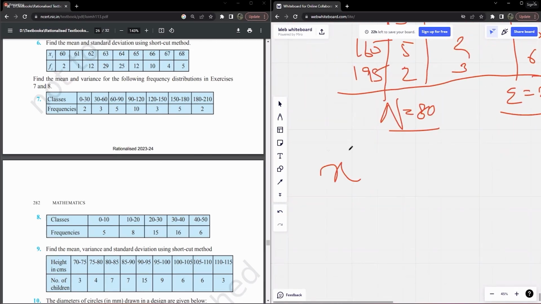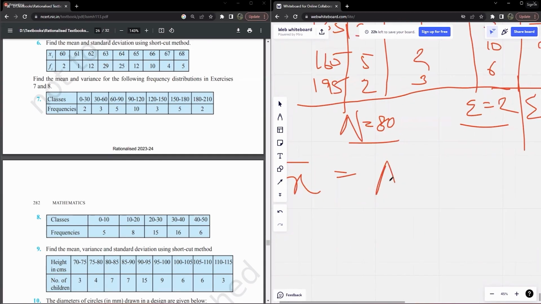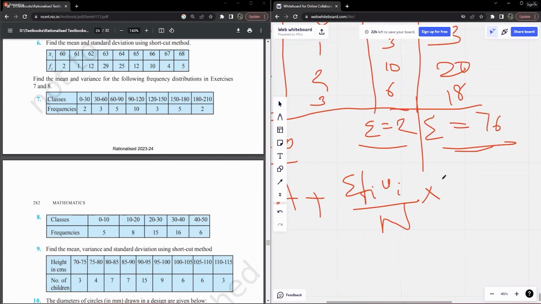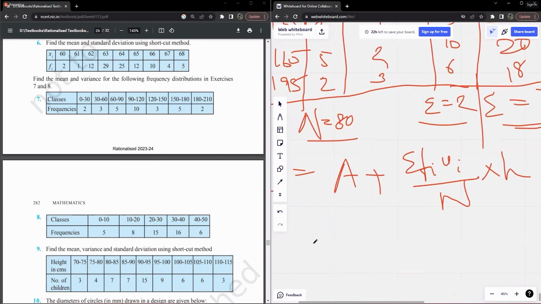Therefore, we have x bar being A plus sigma fiui divided by sigma fi, which is n, times h. I should not forget that.